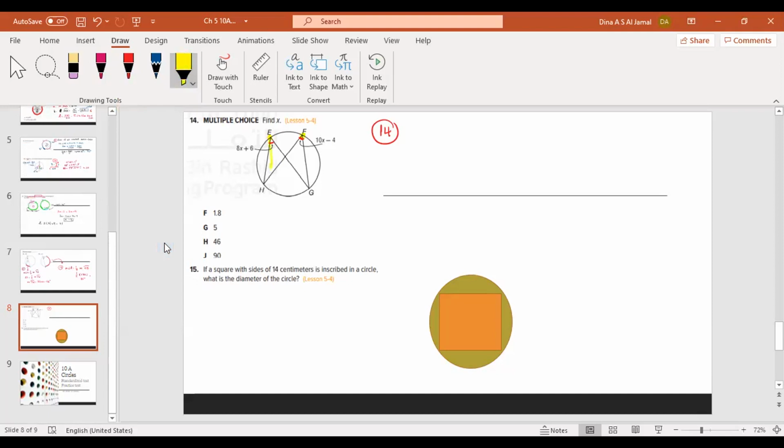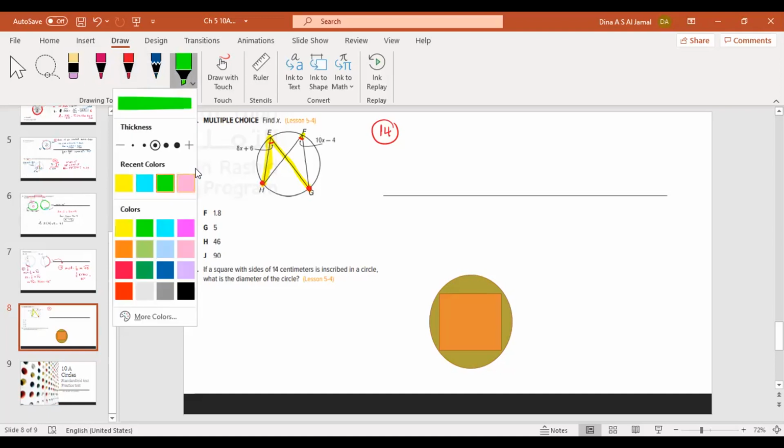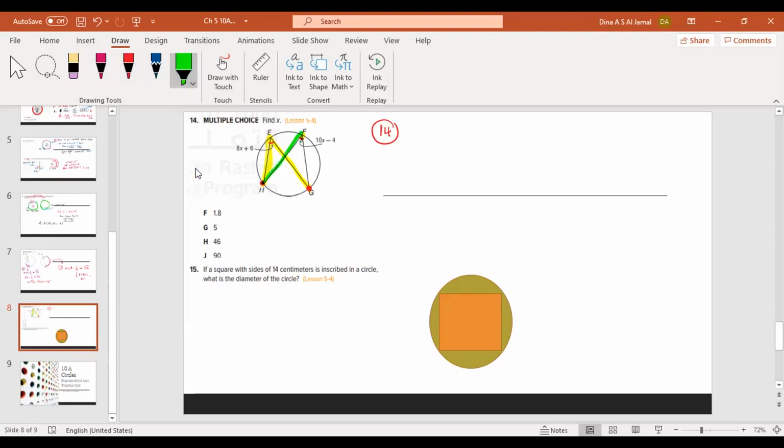So let's follow the first one, E. E will be an inscribed angle which has two ends, H and G. Now let's go to the other inscribed angle, angle F, which also has the same ends. Good.